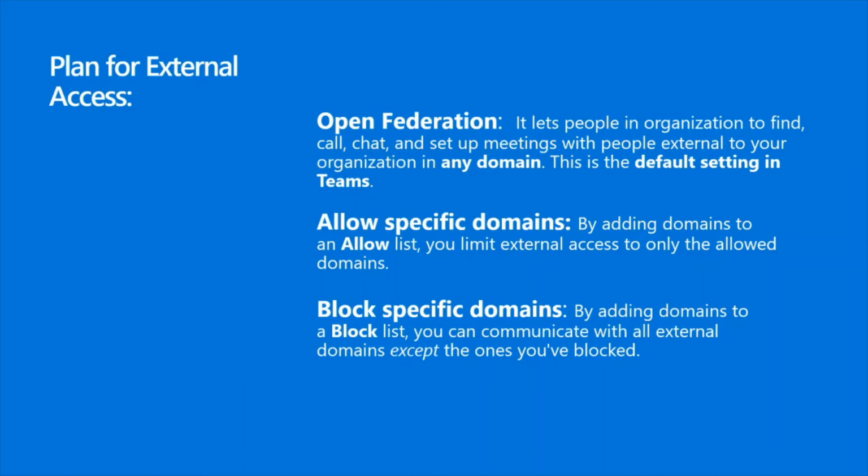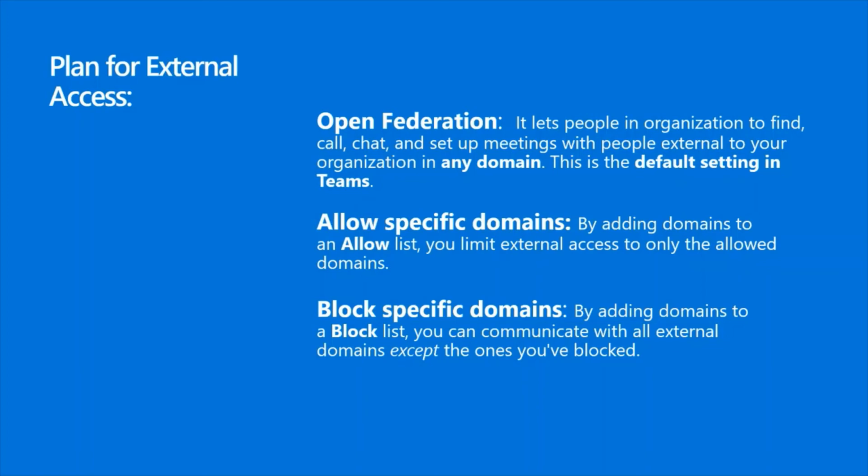In case of allow specific domains, all other domains will be blocked. Once you allow specific domains, you limit external access to only the allowed domains. So your open federation will be closed. Only the allowed specific domains your users will be able to chat with.